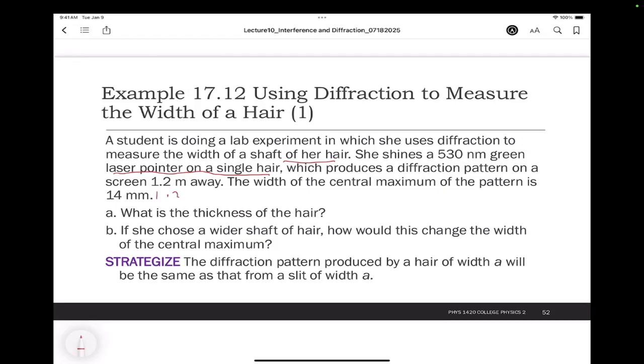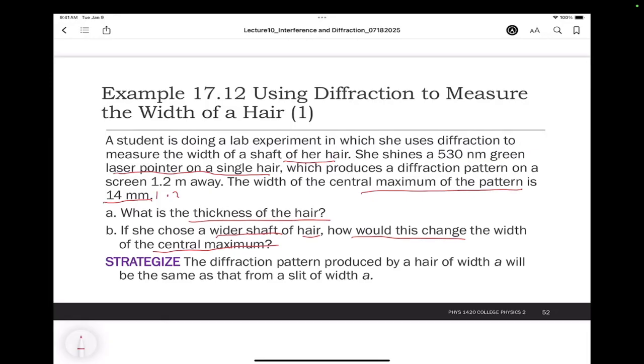The width of the central maximum of the pattern is 40 millimeters. What is the thickness of the hair? If he chooses a wider shaft of hair, how would this change the width of the central maximum? Okay, let's talk about the strategy.